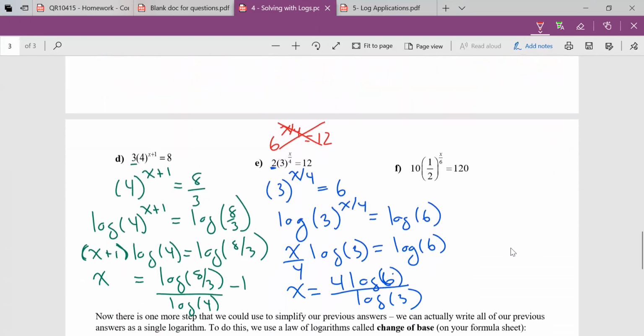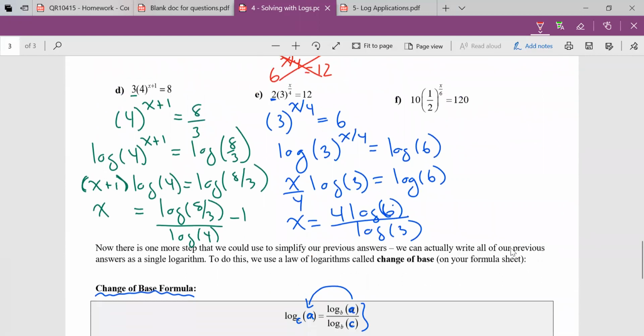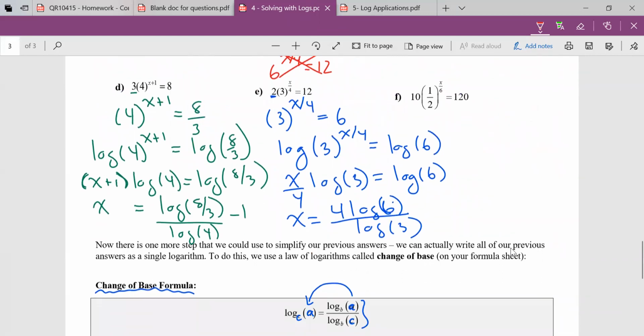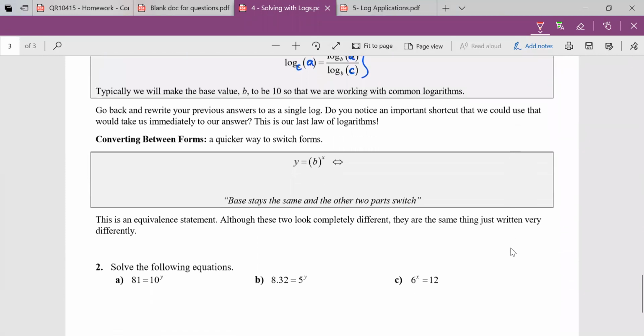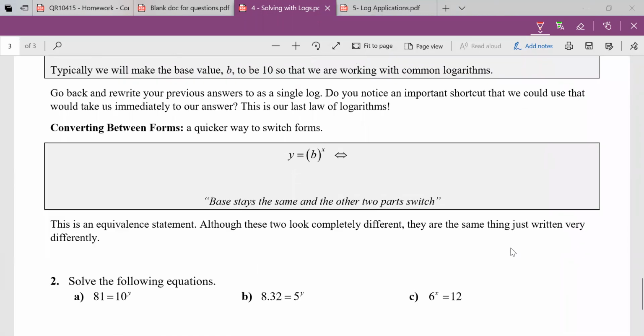I would prefer, in a perfect world, if we did it the long way by taking the log of both sides, but I'm going to guess that most of you are going to prefer the shortcut. So here we go. There's a quicker way to convert between forms. My little expression is this: base stays the same. So we're going to convert this exponential here.